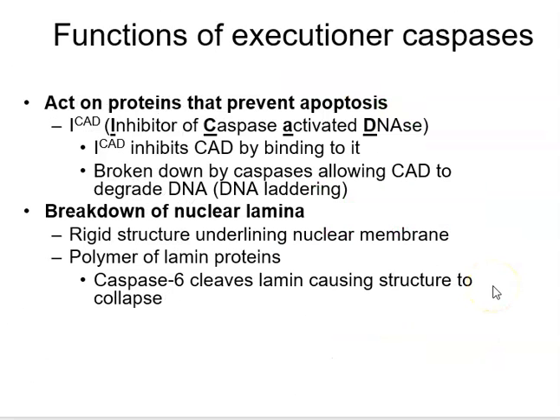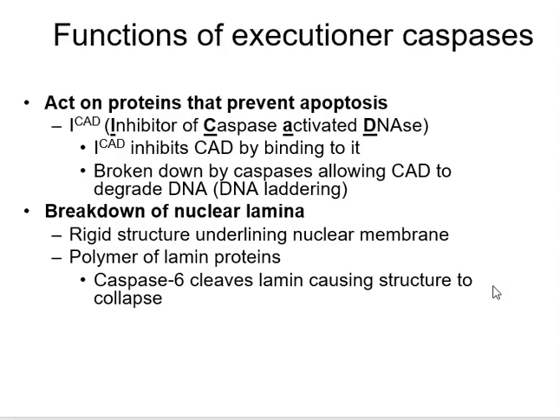So I'm now going to talk about what these executioner caspases do once they become activated, and one of the key proteins that you need to know about is ICAD. ICAD means the inhibitor of caspase-activated DNAases, and caspase-activated DNAase is called CAD. So ICAD binds to CAD and prevents it from being active in a normal cell.